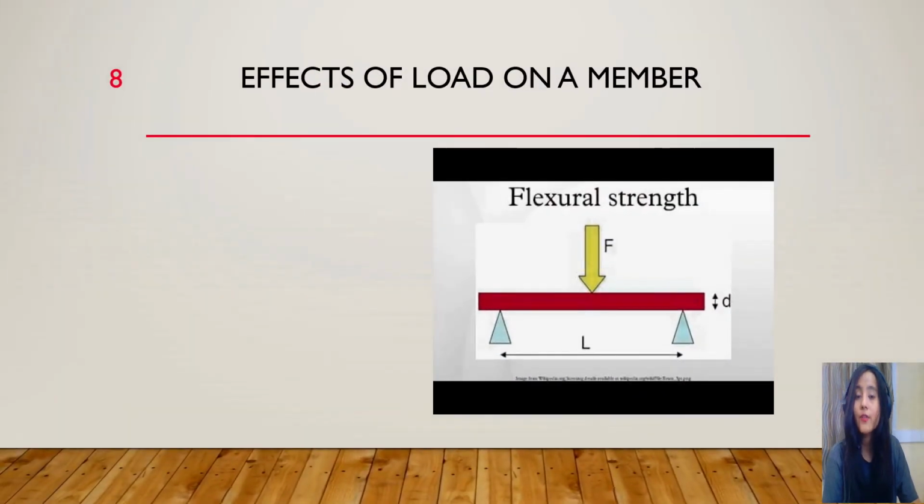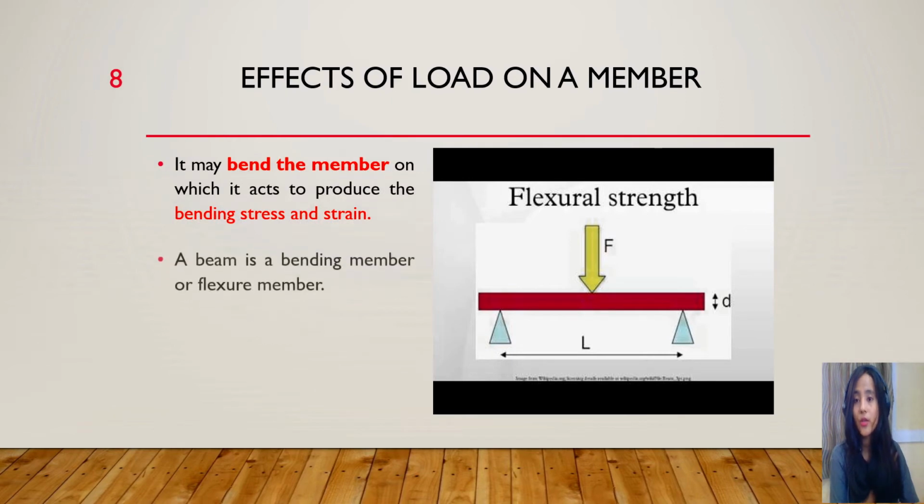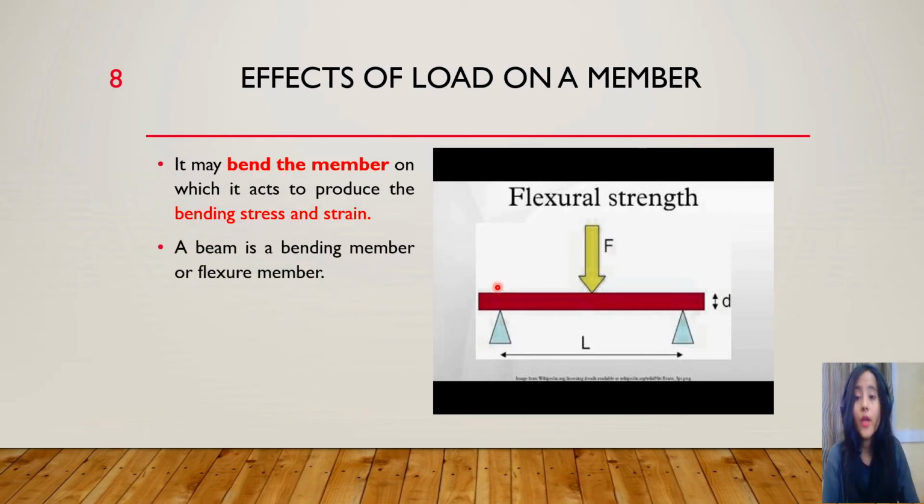So the next kind of force that comes on a member, especially on a beam, is known as a flexural force or flexural strength. When there is a beam here, and a load acts on the beam, this beam will start bending in this manner.